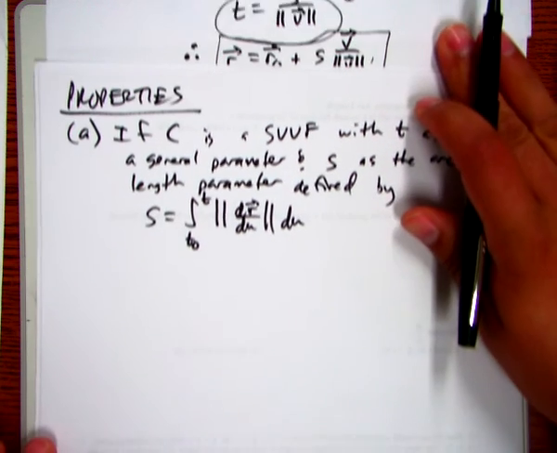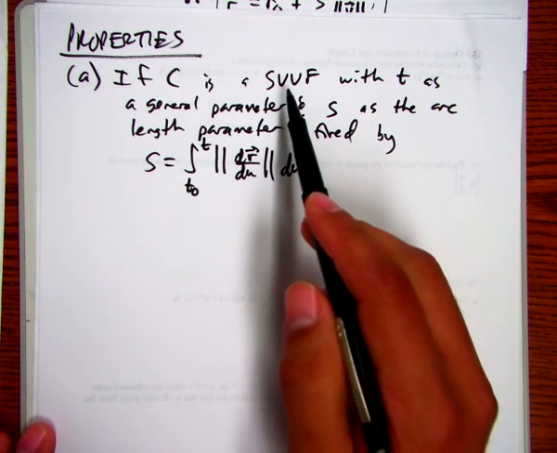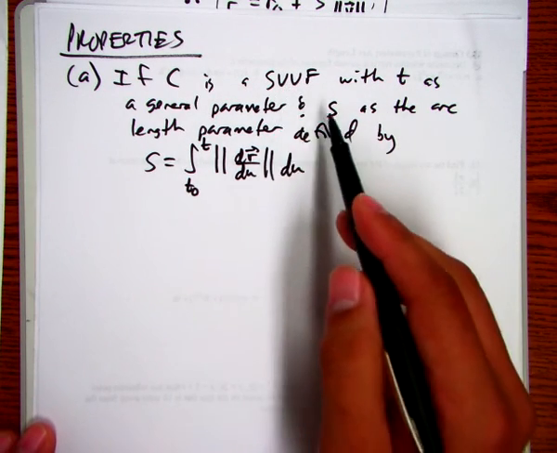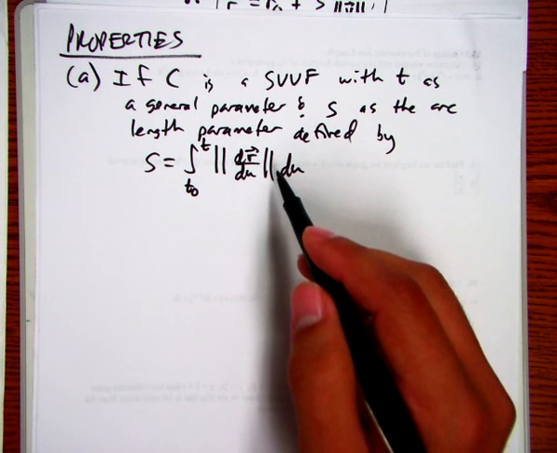So these are the assumptions for this property. We start with the smooth vector-valued function. Our arc length parameter s is defined by the usual.